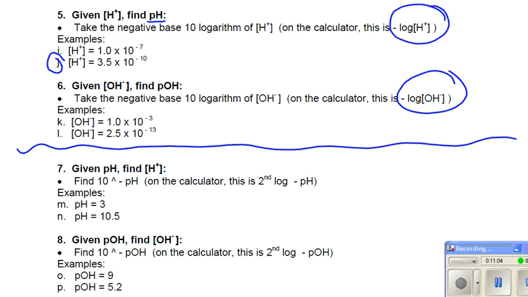So in your calculator, this is what your screen should look like. Negative log 3.5 E negative 10, close your parentheses. How do you get your calculator screen to look like that?